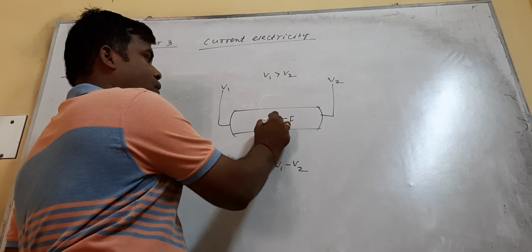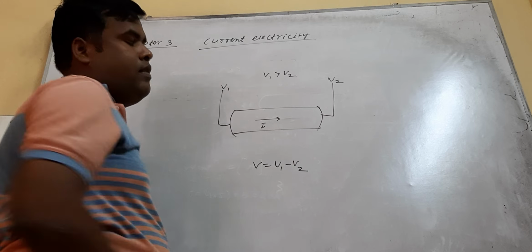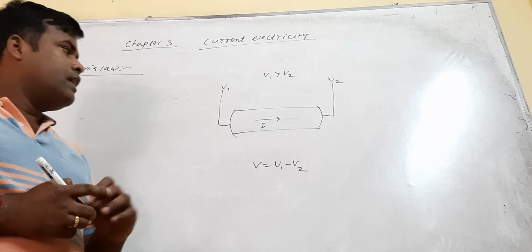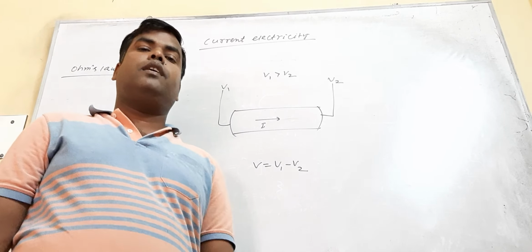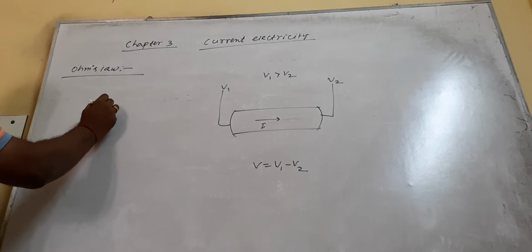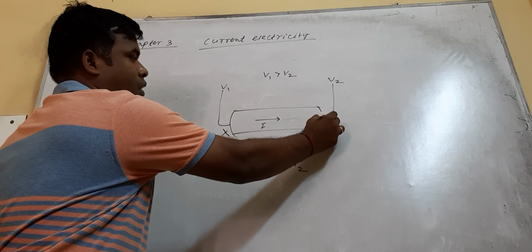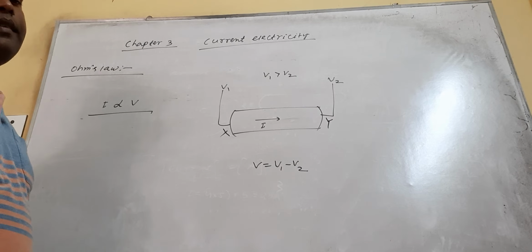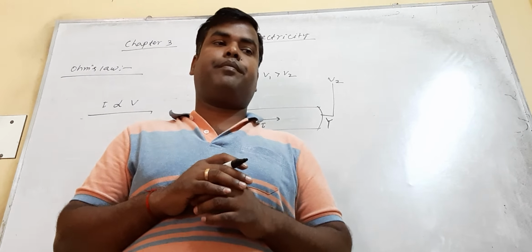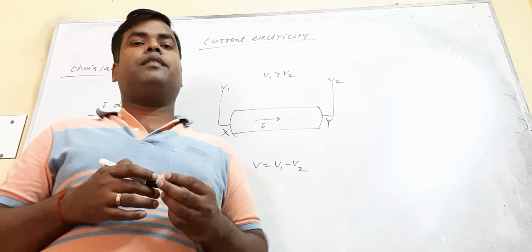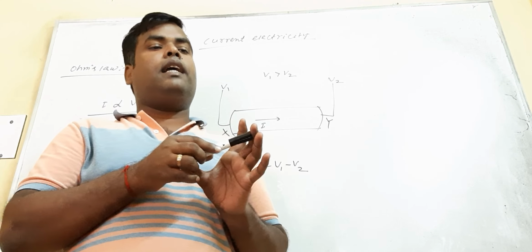Then current I will flow from higher potential to lower potential. So you remember the current flowing through a conductor is directly proportional to the potential difference across the two ends of the conductor, provided the temperature and other physical conditions remain the same. Other physical conditions means mechanical strength, area, cross section, length, etc. remain the same.